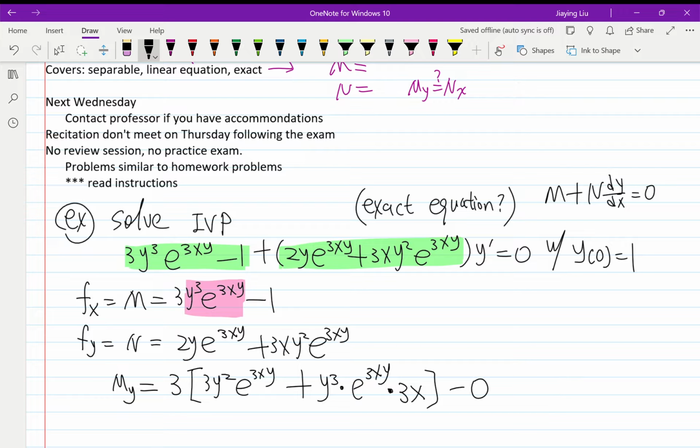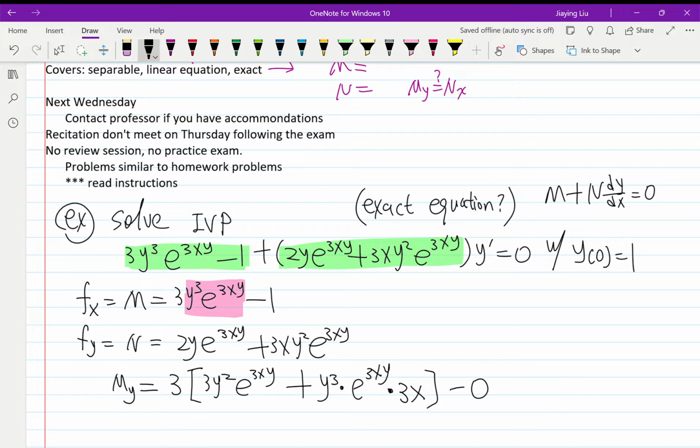So now I'm looking at this, I have a product of y cubed and e to the 3xy, right? So when I use the product rule, it's the derivative of this part, which is 3y squared, times the second part, plus the first part times the derivative of the second one, which is e to the 3xy times 3x. Because we take the derivative with respect to y, the 3x becomes a constant.